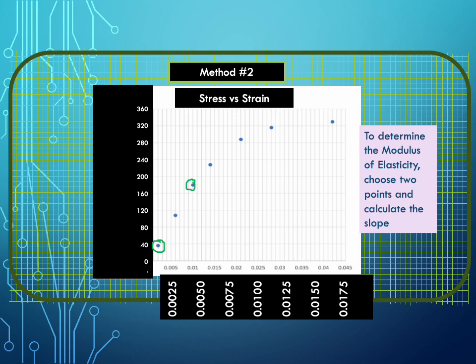All right, so the first point here looks to me to be at x equal to 0.001 strain, and y is 40.